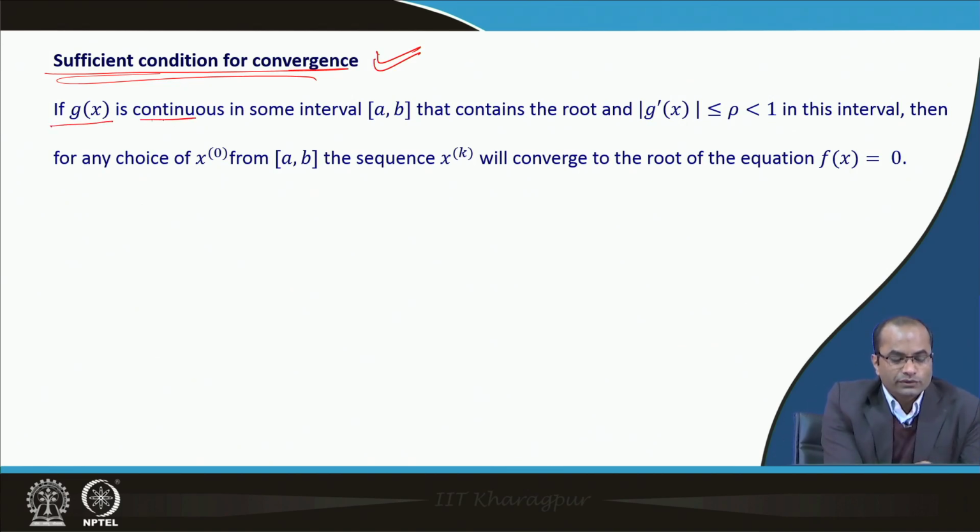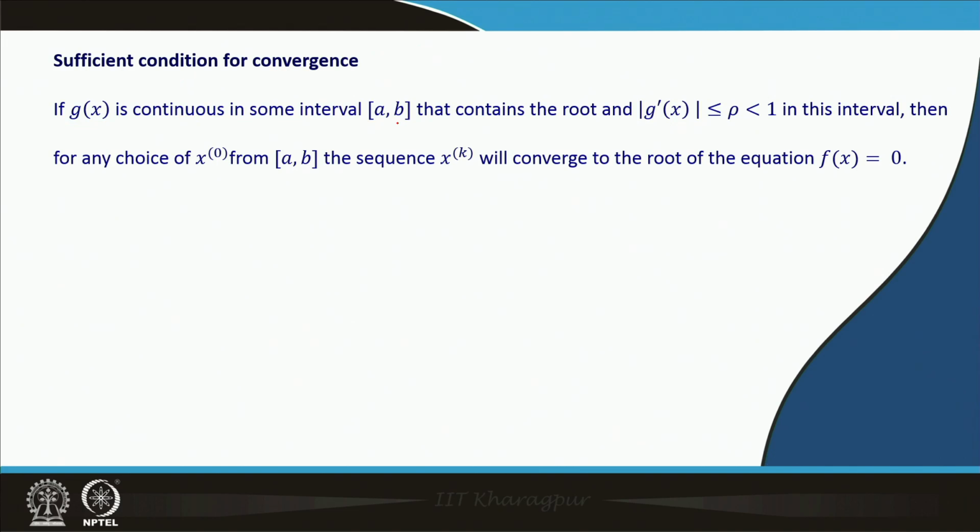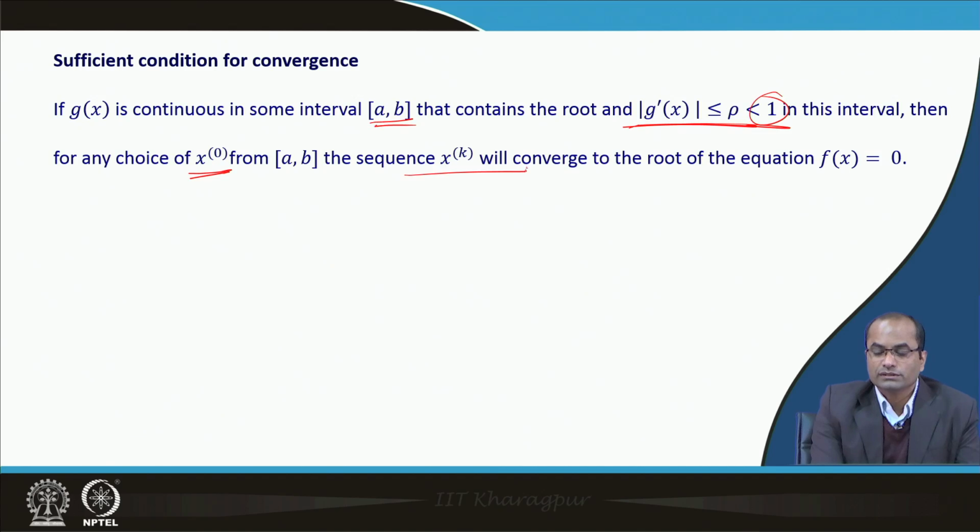If this g(x) is continuous, which is a very natural condition, in some interval a to b that contains the root, and the absolute value of the derivative of g, g prime, is less than or equal to rho, which is less than 1 in this interval, then for any initial choice we take in this interval a b, the sequence x k, that is x 1, x 2, x 3 and so on, will converge to the root.